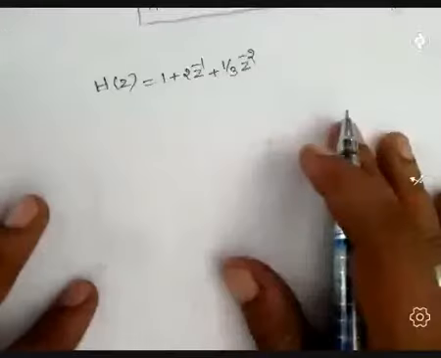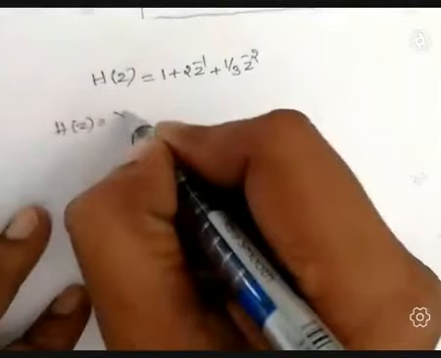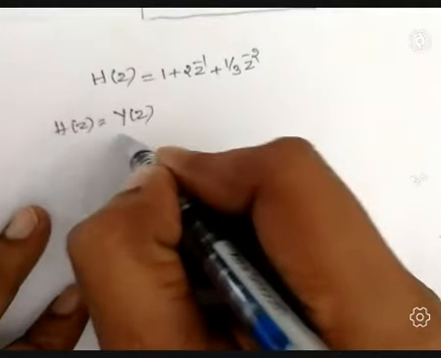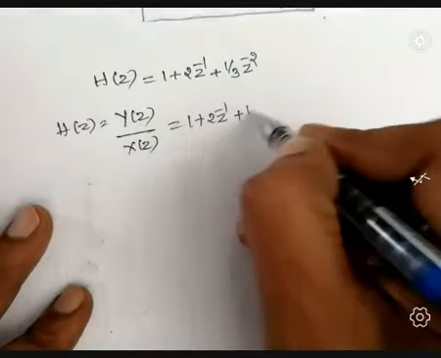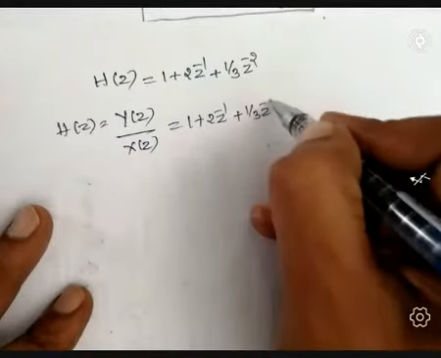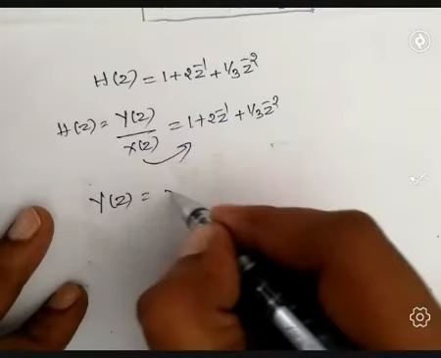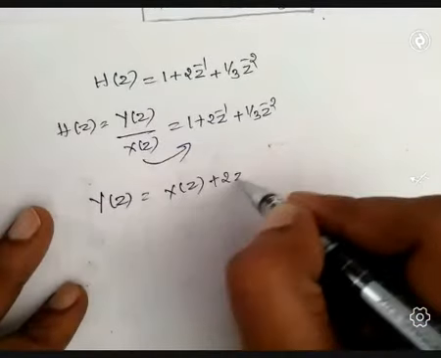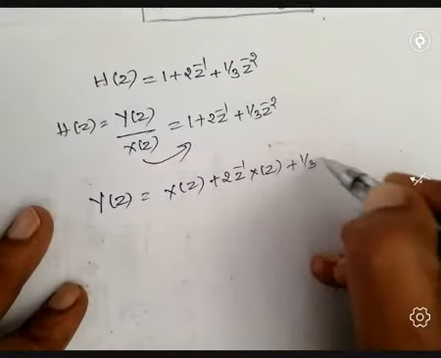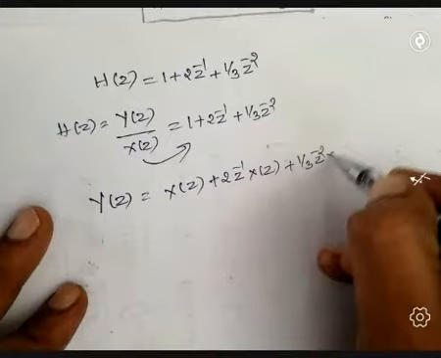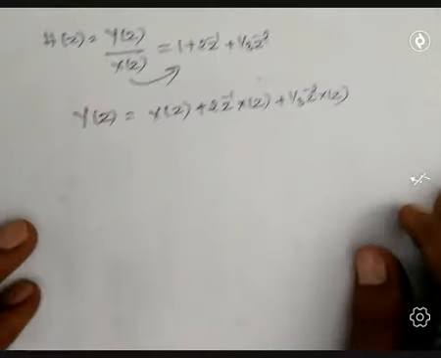And H of z is the ratio of output by input, that is 1 plus 2 z to the power minus 1 plus 1 by 3 z to the power minus 2. After cross multiplication, Y of z equal to X of z plus 2 into z to the power minus 1 X of z plus 1 by 3 z to the power minus 2 X of z. Let us take the inverse z transform.